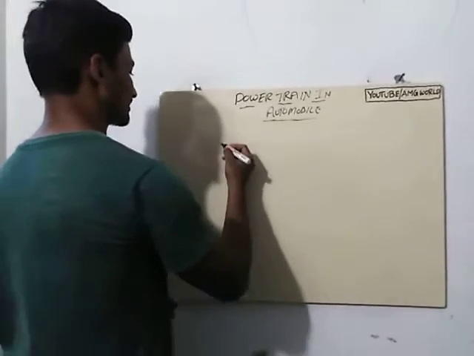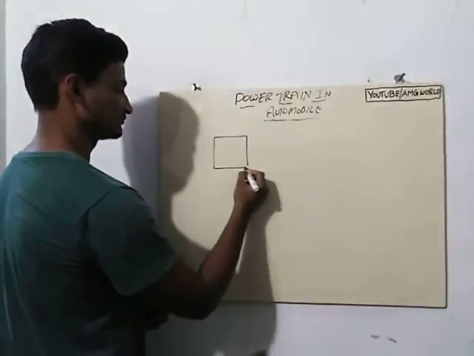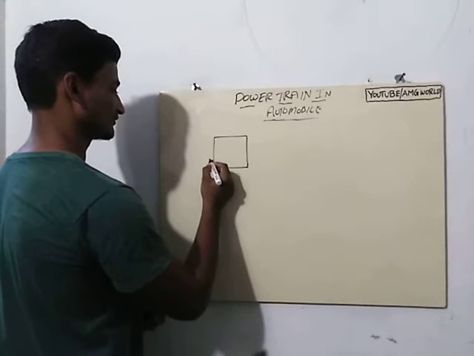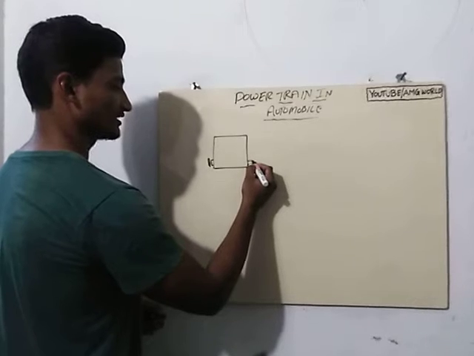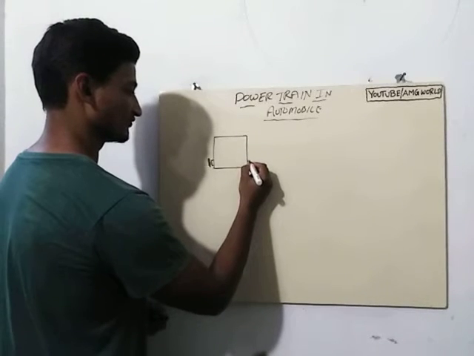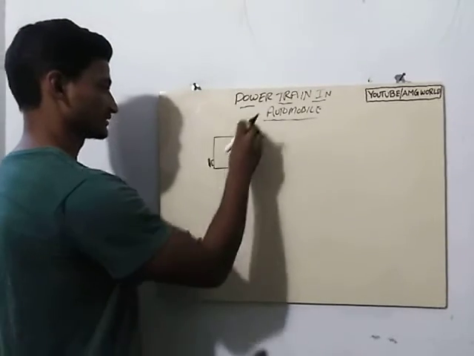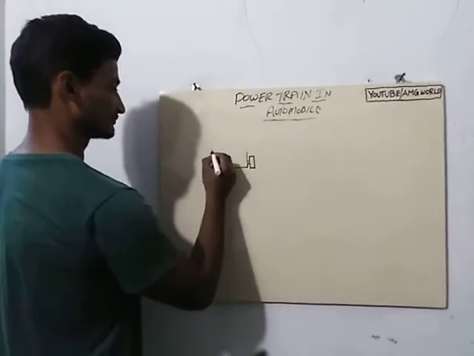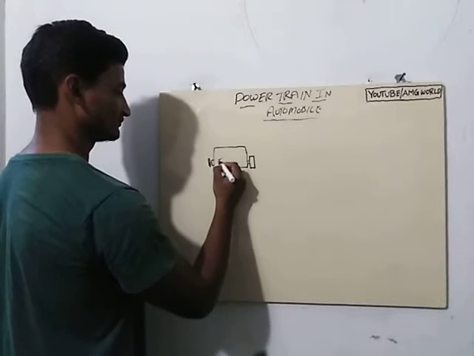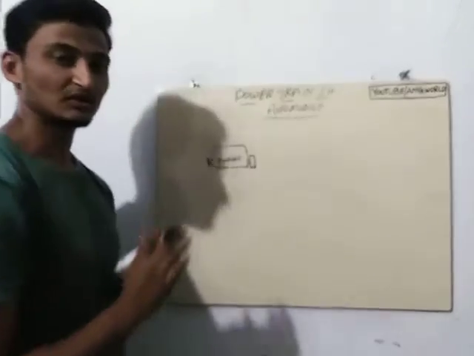So here comes the diagram, right? If this one is an engine, I have a fan here, and here comes a wheel, which is the flywheel. This one is the engine. The power is generated in this particular engine.